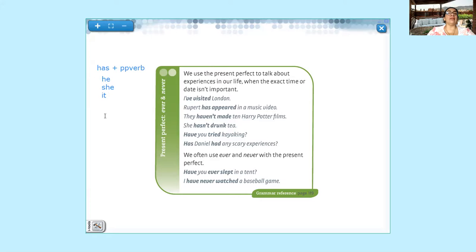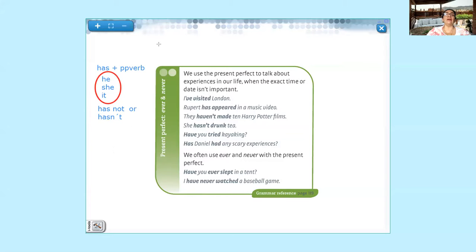Remember also that you can say the negative form, has not, or you can use hasn't for the contraction, okay? That is the form that you are going to use specifically when you are talking about he, she, or it.